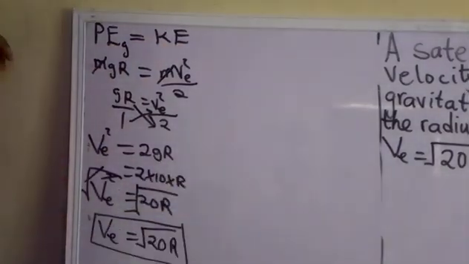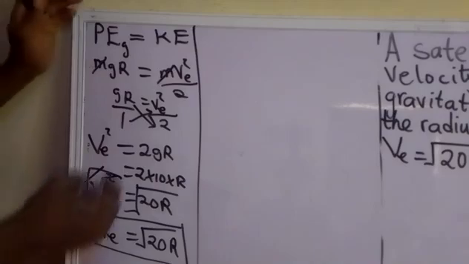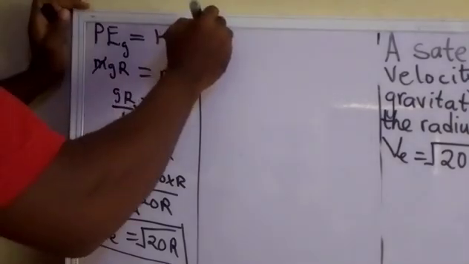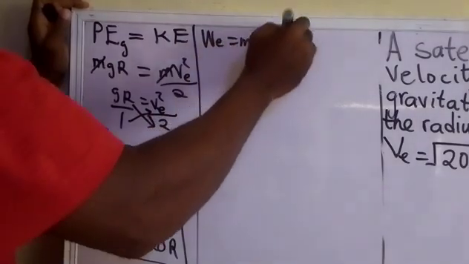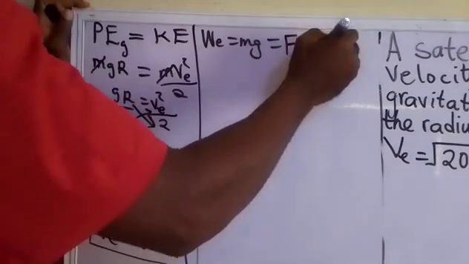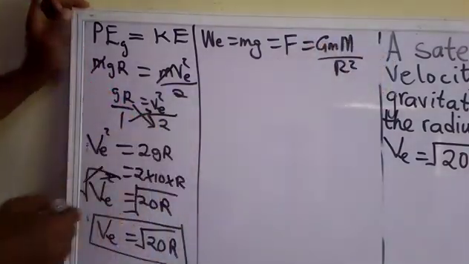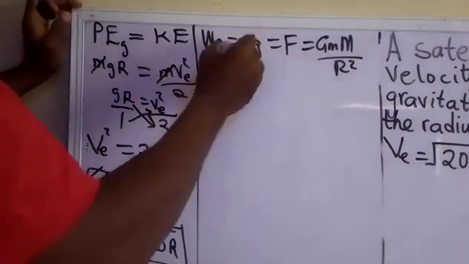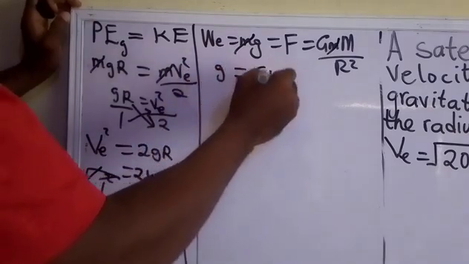Now, what if somebody wants to approach the same question from another perspective? Of course, it's true. We realize again the weight, which is mg, is equal to the gravitational force between the two objects. Okay, so when we do this, m will cancel m, so we have g equal to this.